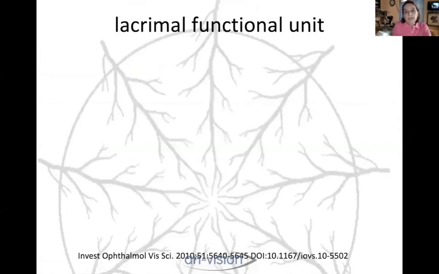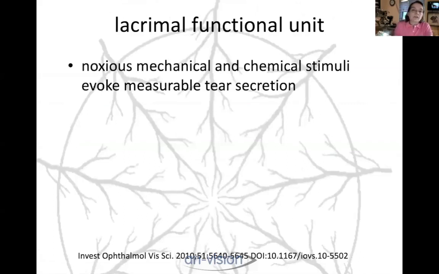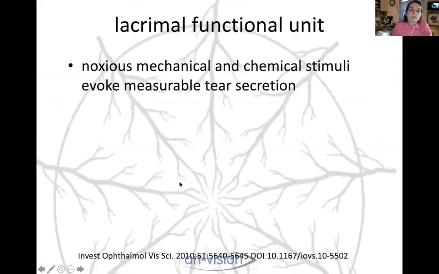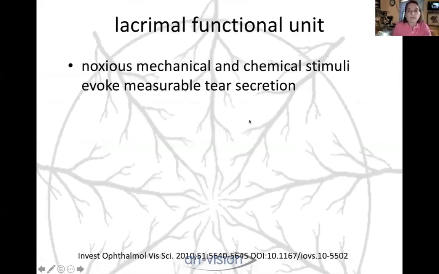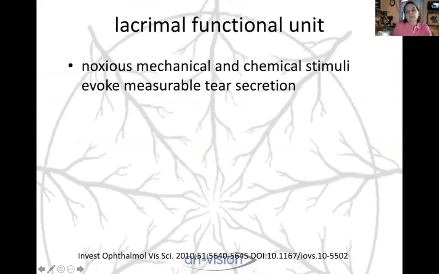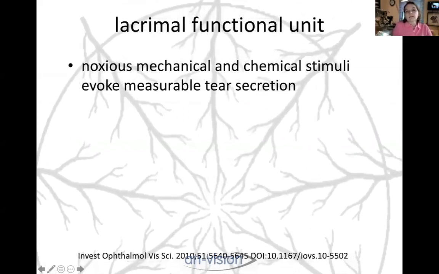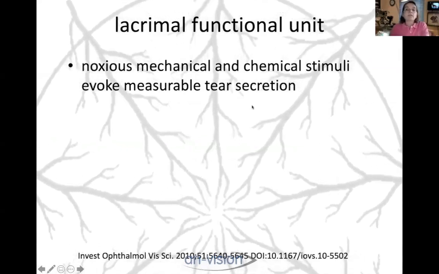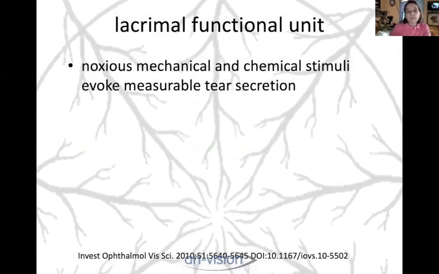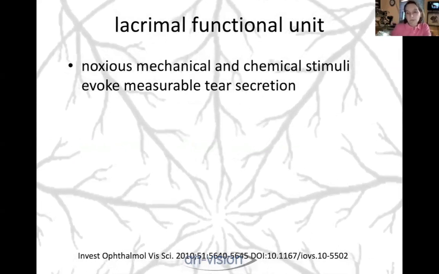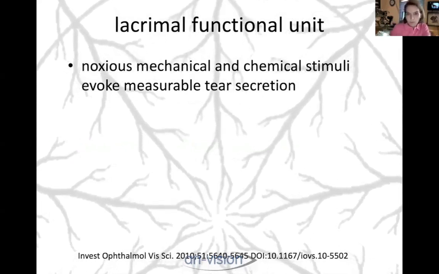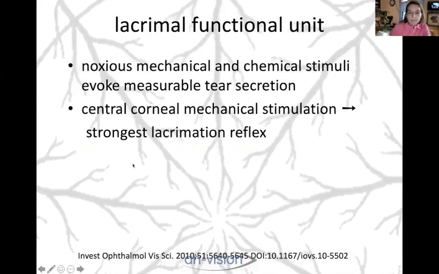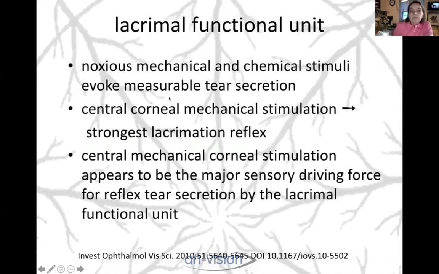So the lacrimal functional unit is actually stimulated by mechanical and chemical stimuli. And they evoke measurable tear secretion. So if you place a chemical or a mechanical stimulus on the cornea, you will have a measurable tear secretion. That's important to know. The central corneal mechanical stimulation gives the strongest lacrimation reflex.